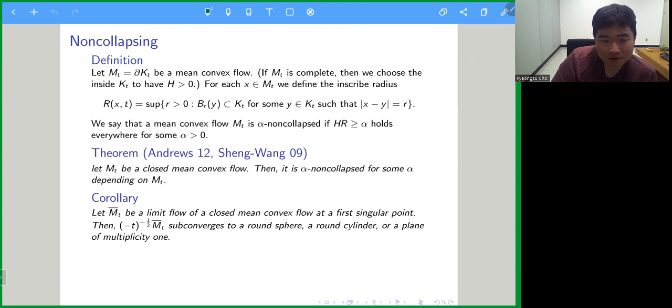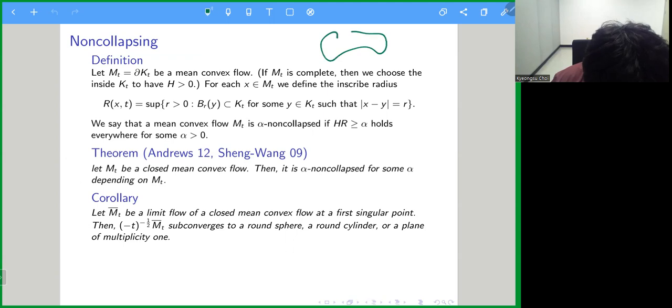To do this, we have to introduce non-collapsing. Non-collapsing is kind of a ratio between the mean curvature and the inscribed radius.